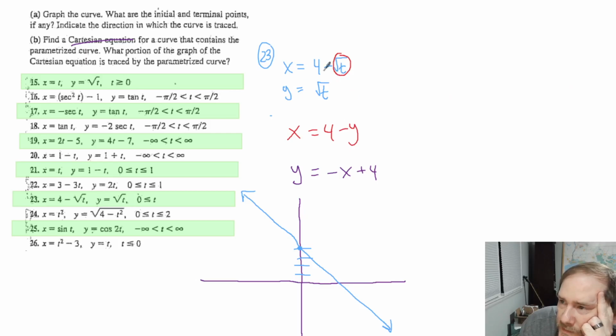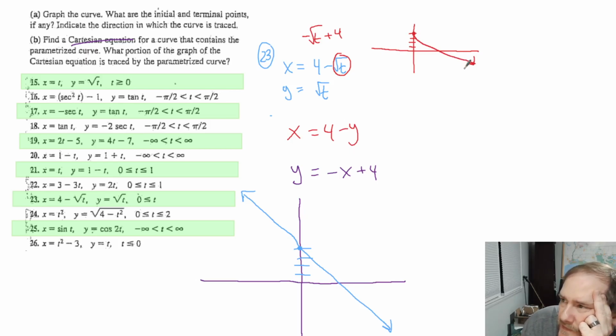Because if you look at the parametric definition, for the x equation, you have 4 minus root t, which is negative root t plus 4, which means we've been slid up 4. And then we've got this negative sign that would flip us upside down. So it would look like a radical function that got flipped upside down.